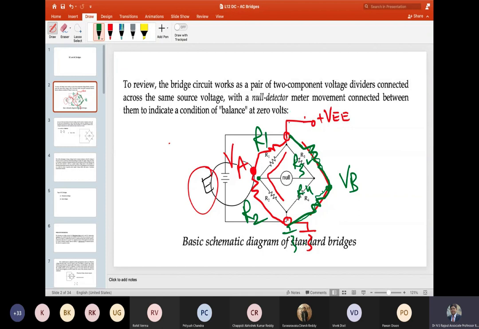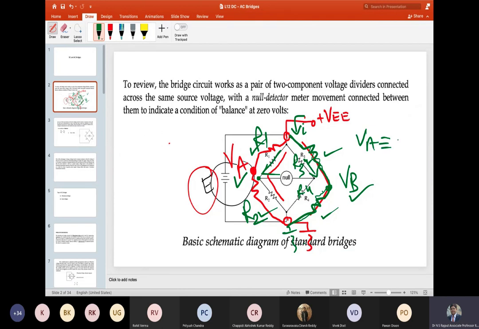If you want to understand it otherwise, say some current I is flowing, so this will divide in two paths, right? And if both the paths have the same total resistance, the currents will be divided by 2. And if R1 and R3, similarly R2 and R4, are of the same ratio, then the voltage produced at VA and VB under the balance condition will be exactly the same.